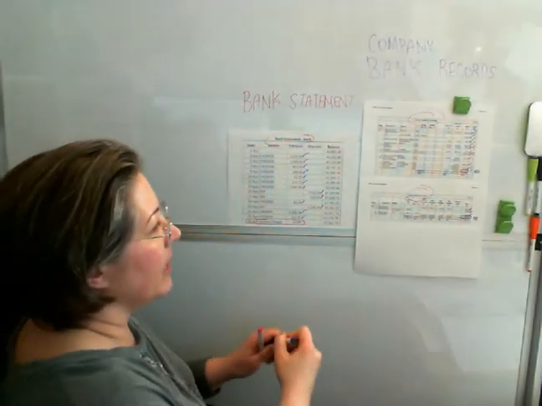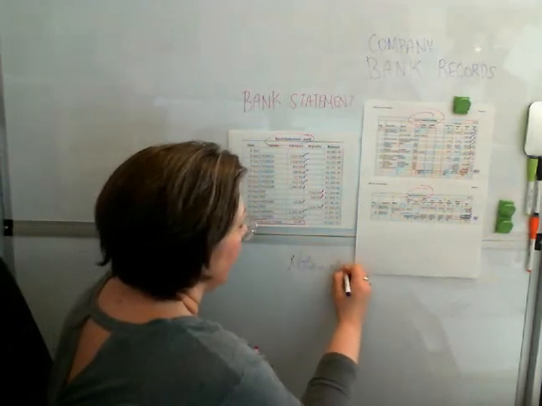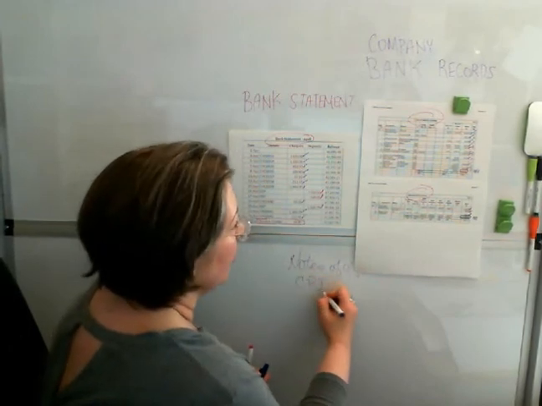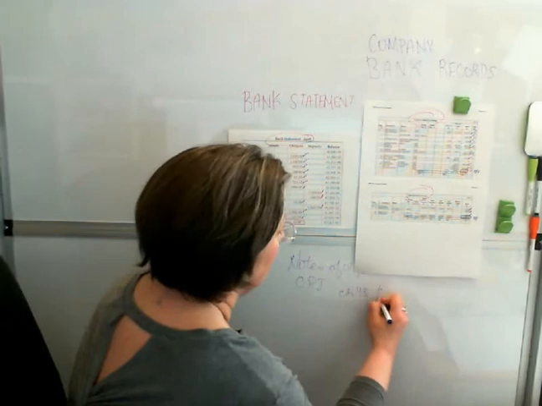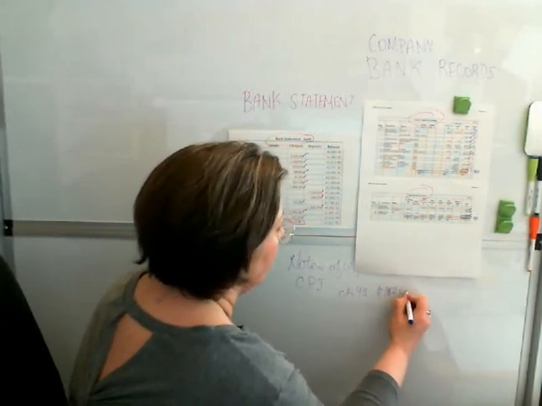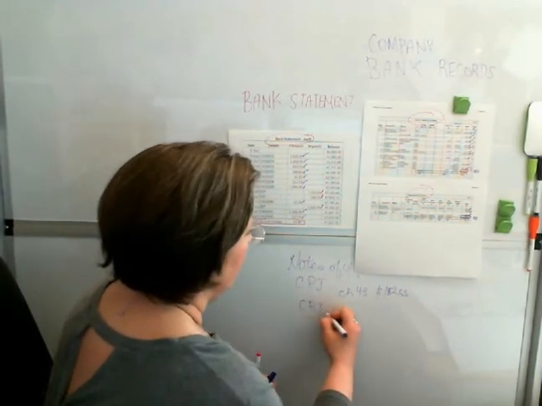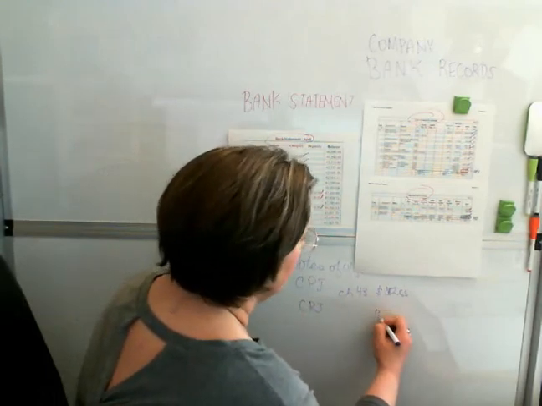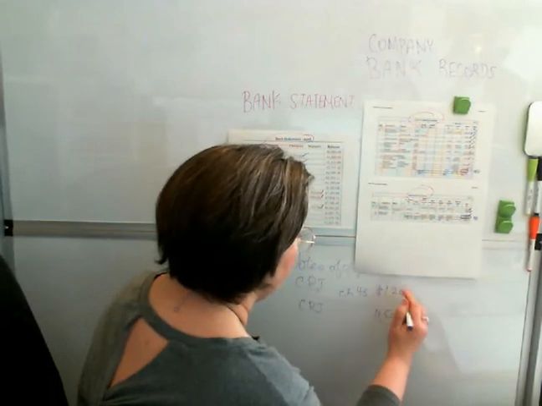When we're making notes, we're going to have our notes of outstanding items, and I can say that in my cash payments journal, we have check 43, $152.55, and then in the cash receipts journal, I have one deposit, $11,526.